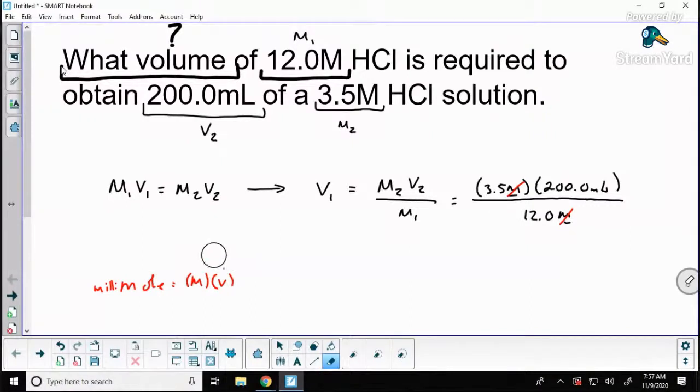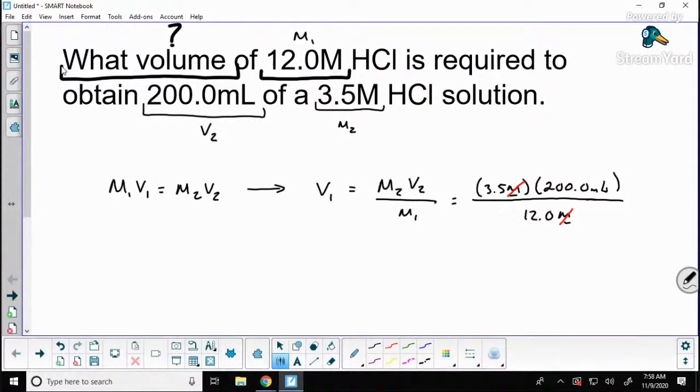So in this particular example problem, there's two reasons we actually do not have to convert over to liters. The first is that the units of molarities cancel and leaves us just in plain milliliters. The second reason is the idea of millimolar is perfectly acceptable.